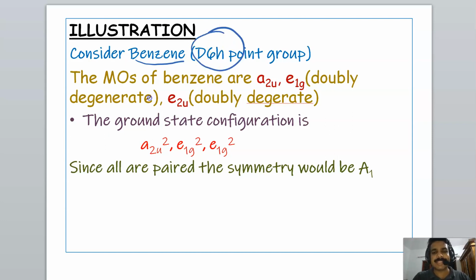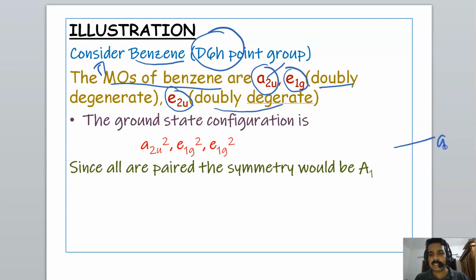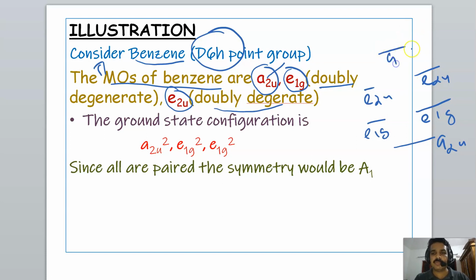Benzene belongs to the D6h point group, and the pi molecular orbitals of benzene are A2u, a non-degenerate level, E1g, a doubly degenerate level, E2u, a doubly degenerate level, and the last one, B2g.